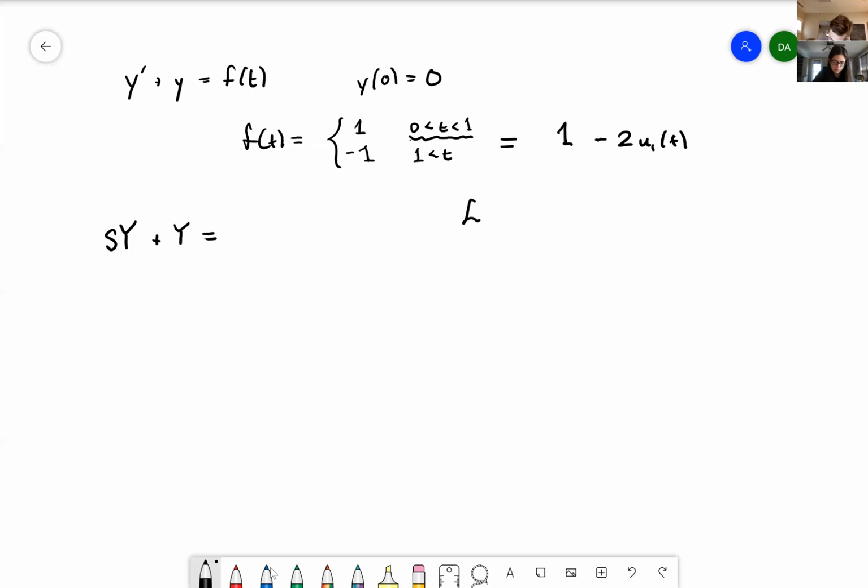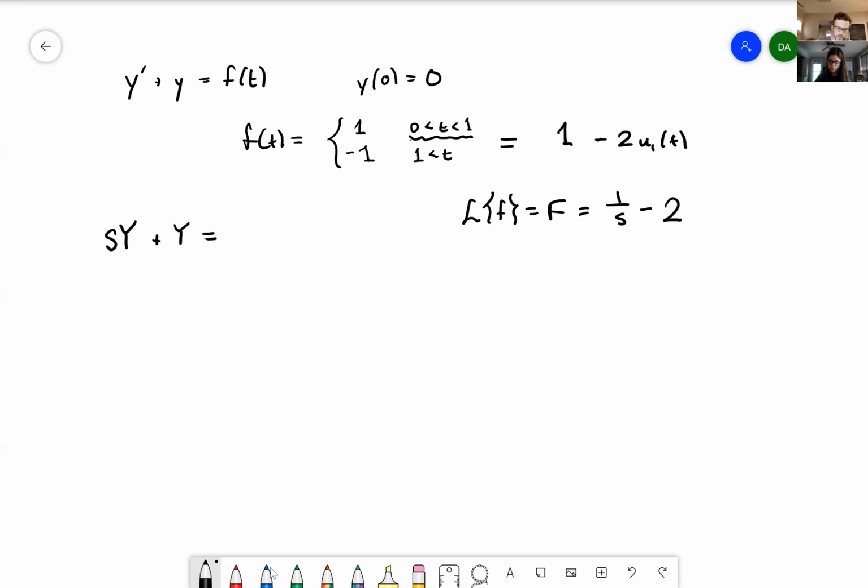And so the Laplace transform of f, which I'll call capital F, is equal to 1 over s. And then we want minus 2 times u1 of t. So I'm just going to double check with my table of Laplace transforms.